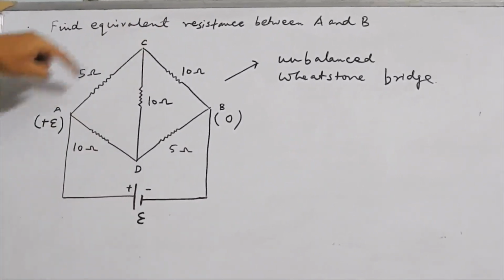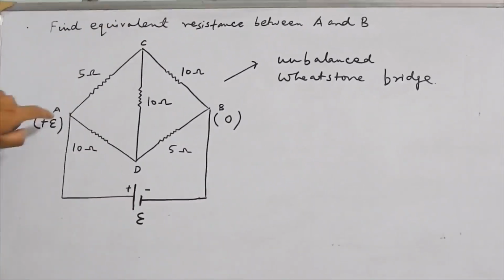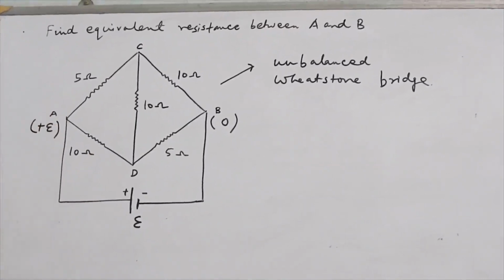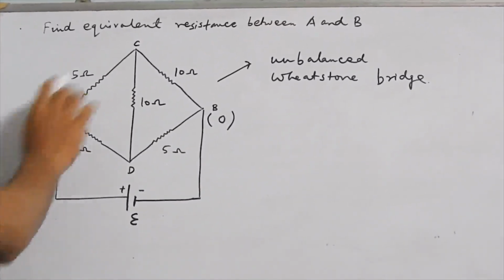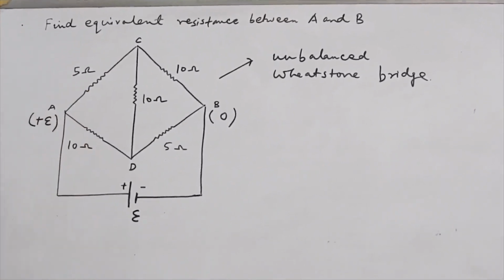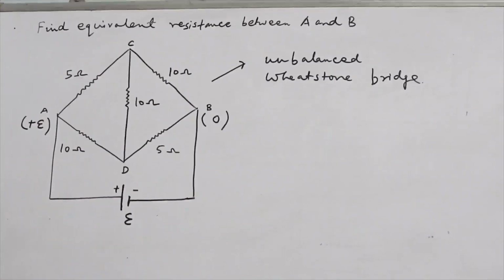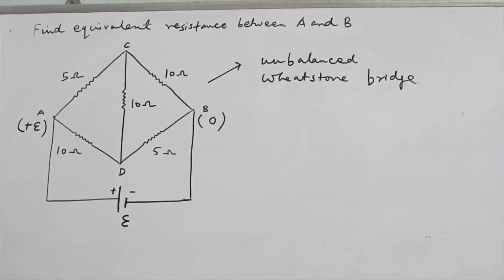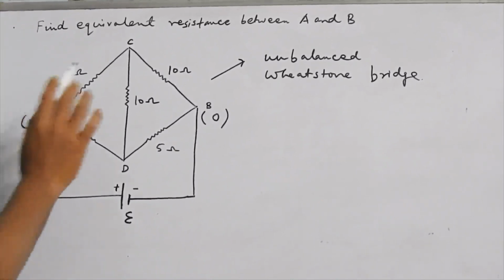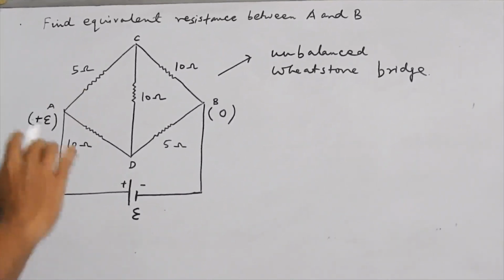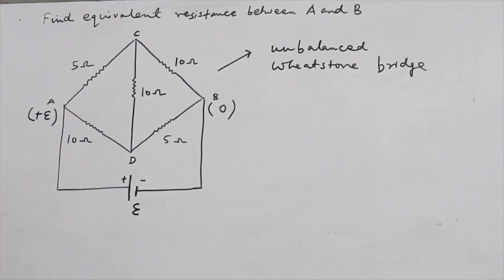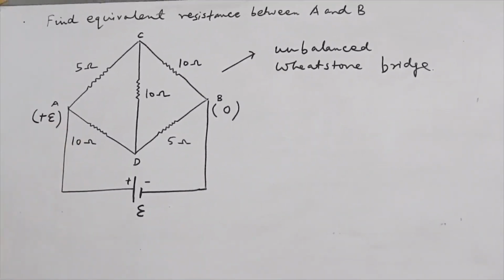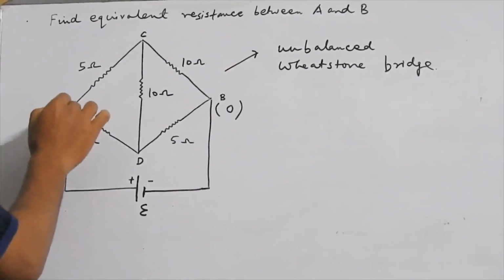That means there must be a potential difference between A and C or A and D for current to flow through those arms of the bridge. Instead of enumerating currents, we apply the concept of potential difference in order to tackle this problem. So this is epsilon.